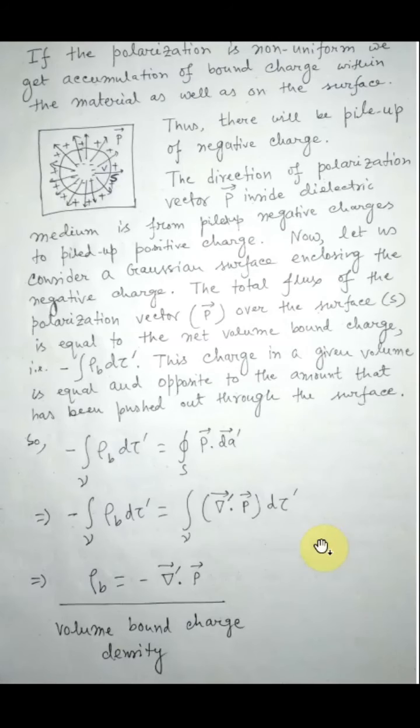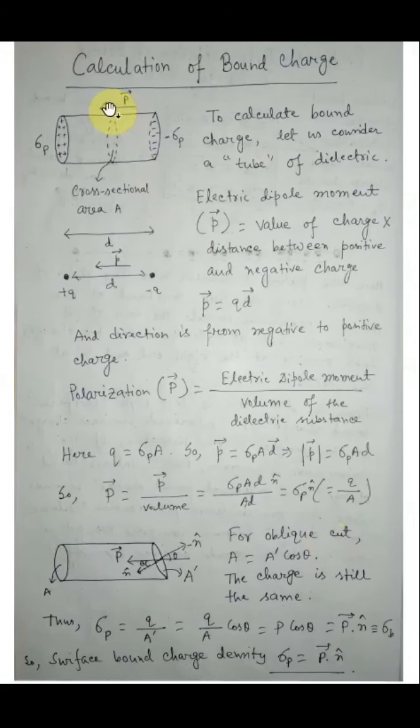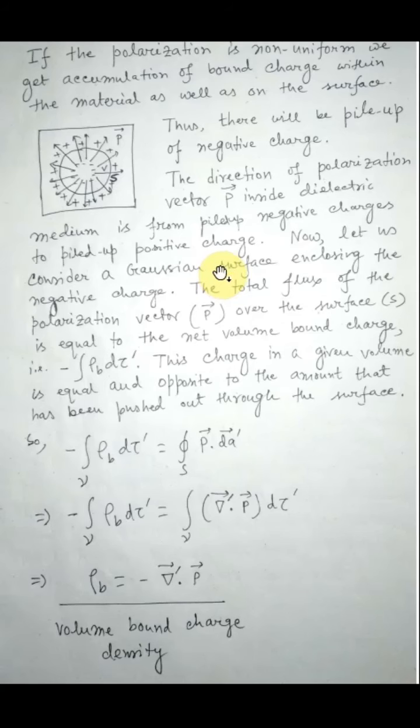Now here we are considering that inside the tube of this dielectric medium there is no volume charge density, because the polarization is uniform. But if it is non-uniform, in that case there will be accumulation of bound charge within the material as well as on the surface.